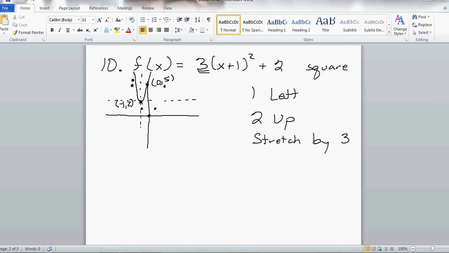And then likewise there. I find this a whole lot easier to do it this way, just find the vertex and then do the necessary things from that point. In other words, create just a new set of axes and go from there. It's really a whole lot easier to do it that way than it is to try and deal with all of the which one do I do first and stuff like that.